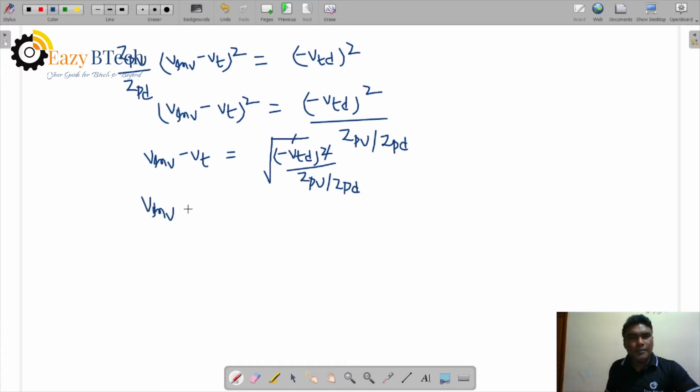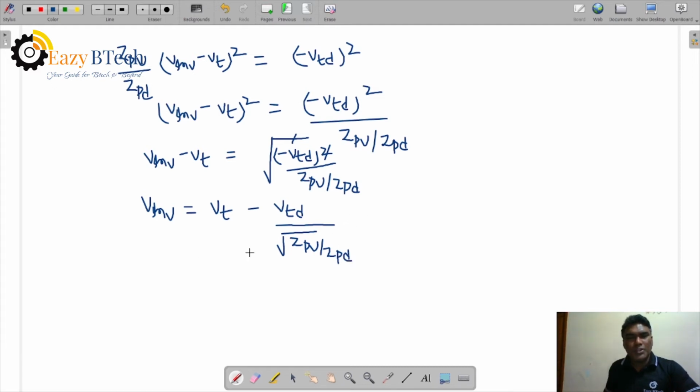So V inverter is equal to Vt minus Vtd divided by the root of Z pull up by Z pull down.